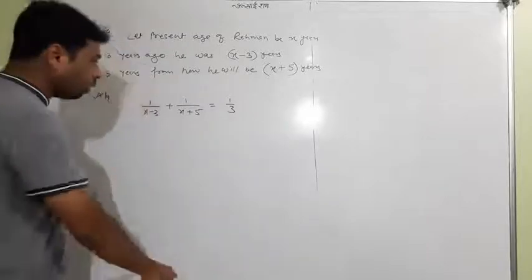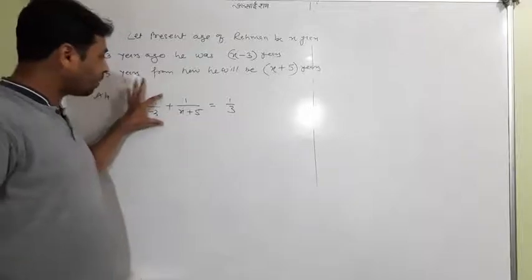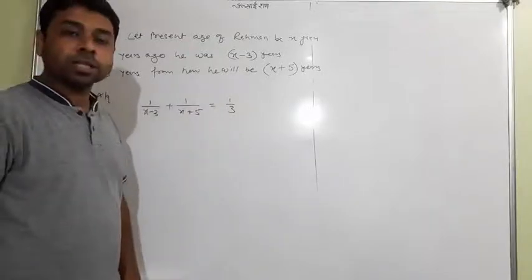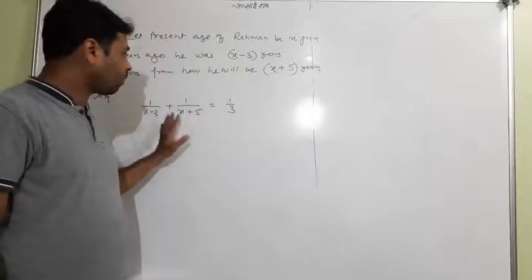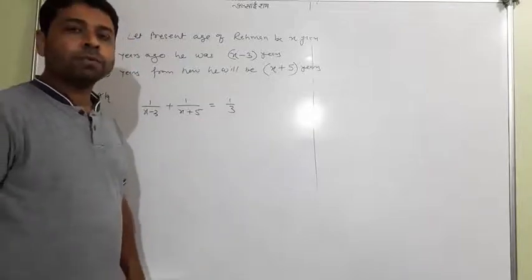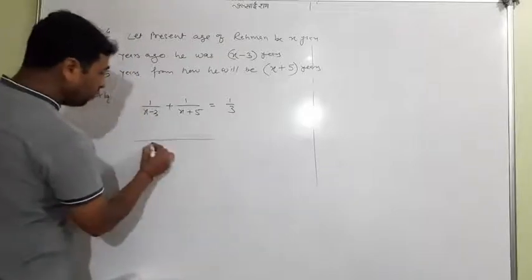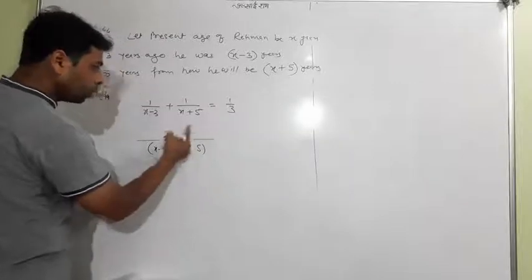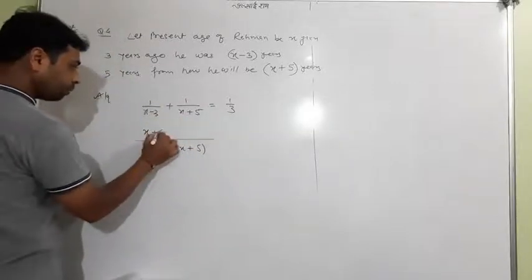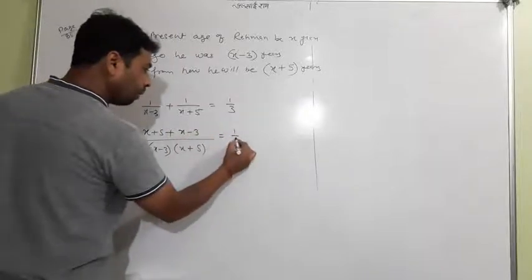Now you have got a very familiar condition, like the kind we discussed yesterday. It initially does not look like a quadratic equation, but after simplification we can get the quadratic equation. So how do we do it? We'll simply take the LCM.